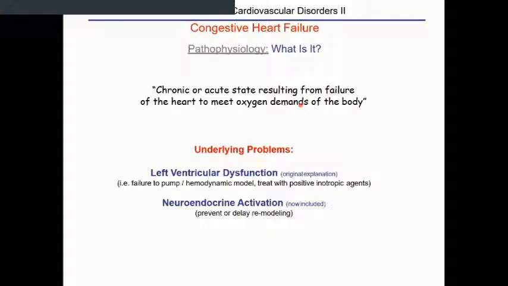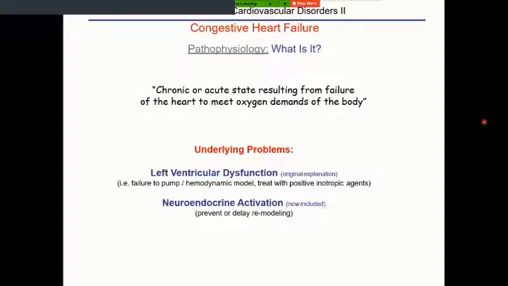So let's now go to congestive heart failure, or as we now mention it, heart failure. So it's a chronic or acute state resulting from the failure of the heart to meet the oxygen demands of the body.